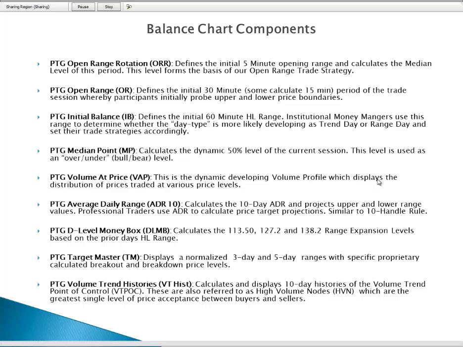Now, the initial balance is a market profile type term, all right, and it is a standardized term, vernacular, that is used out there. So we will be referring to the first hourly high-low range as the initial balance. And this is a time where the institutional money managers use a range to determine day type. Now, there's various day types.